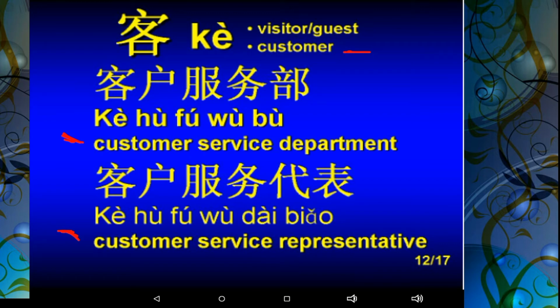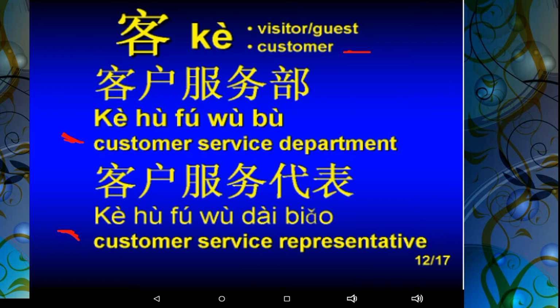It's very important that this character is ke, and it means customer, because in our business, who is important? The customer. In fact, to me, the customer is more important than even Rocky. My customers are very, very important.